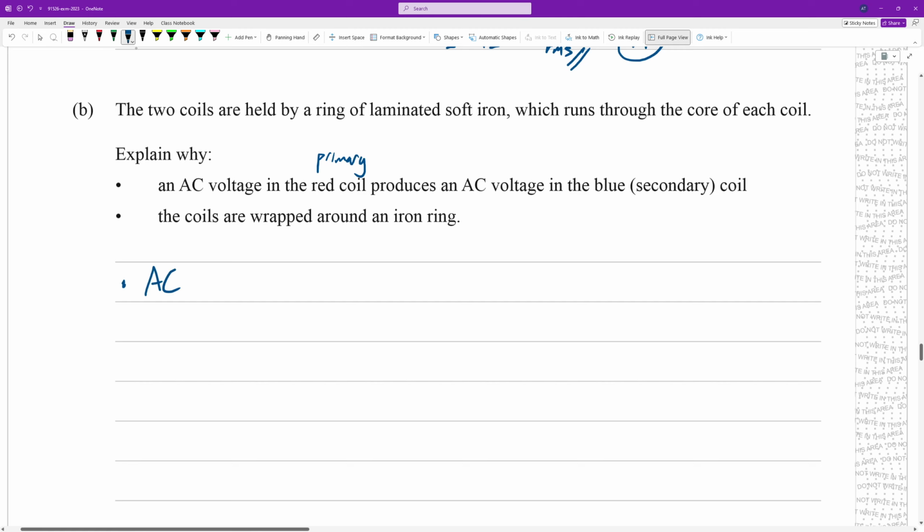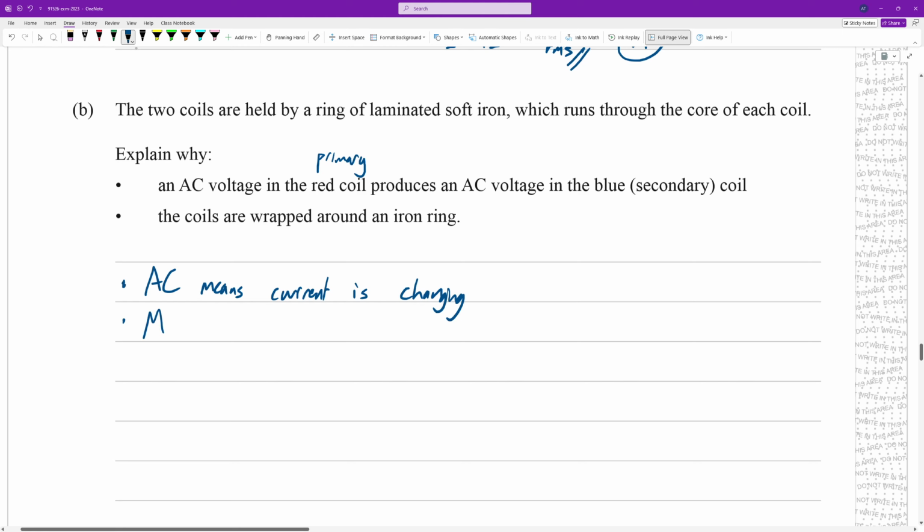Alternating current, right? That means current is changing. It's alternating. It's got a sinusoidal shape. It goes between positive peaks and negative peaks and in between. So current is changing. What does that mean?